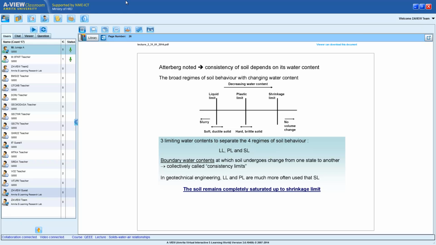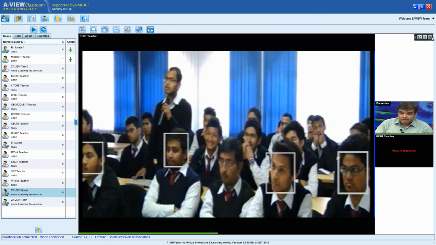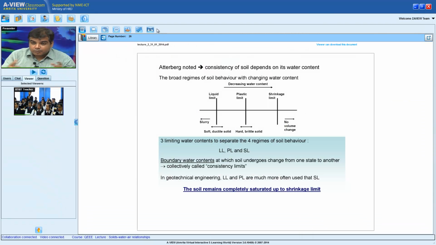If the void ratio changes, as it becomes looser and looser, the soil becomes loose. Degree of saturation will still be 1, and your water content will still increase. It will increase up to a point wherein the soil can no longer hold the water.